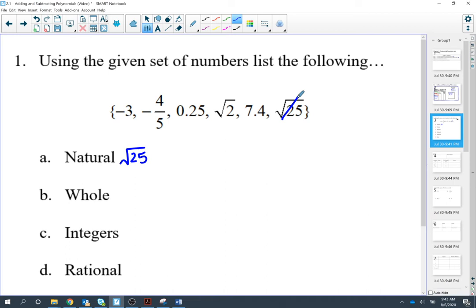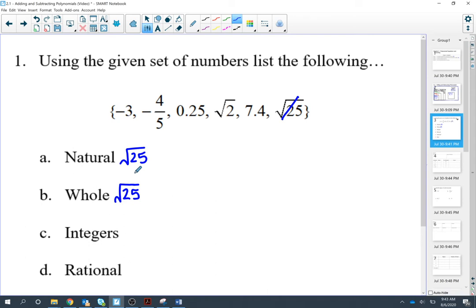And the answer is no. Because if the square root of 25, which is actually just 5, is a natural number, that means it's also a whole number, because it's in that smaller box, which is encompassed by the whole numbers. Whole numbers are natural numbers, but you add on 0. So 0, 1, 2, 3, 4, 5. Bam, there it is.